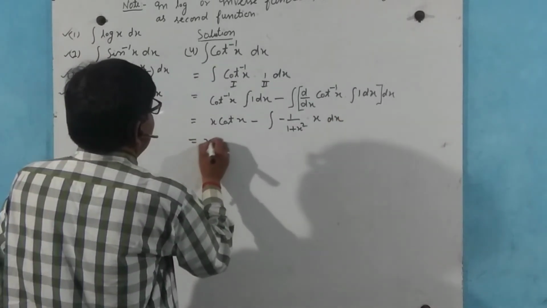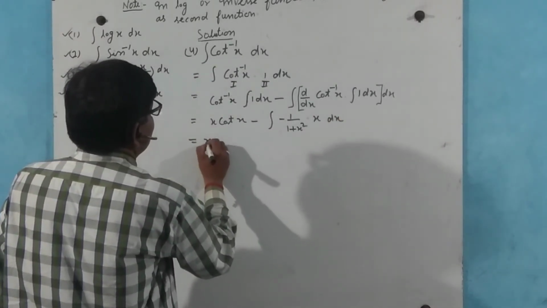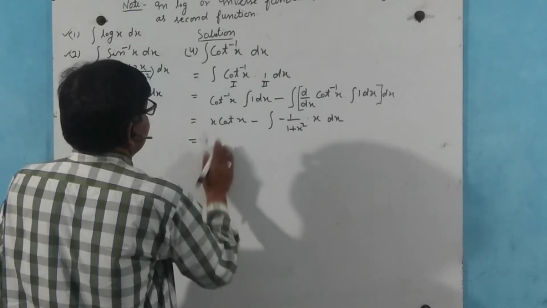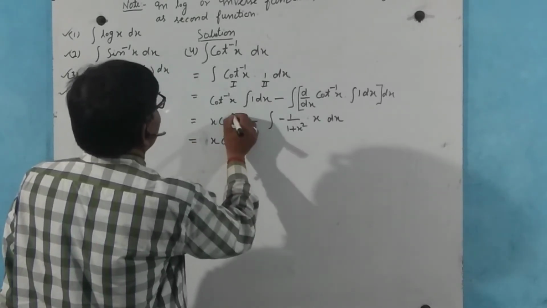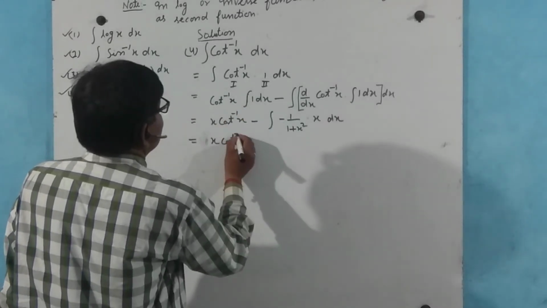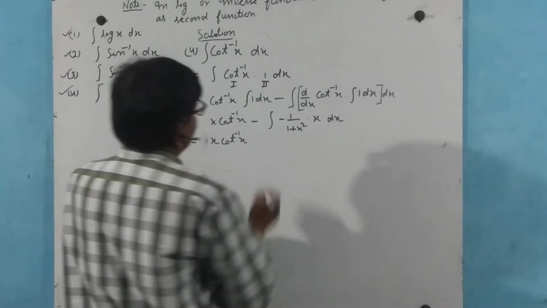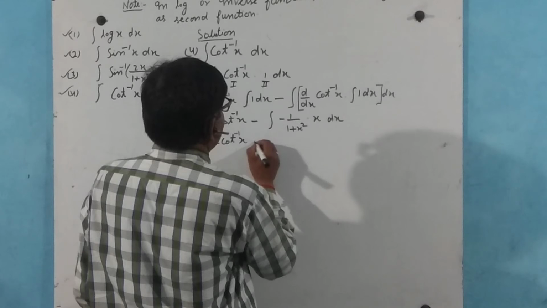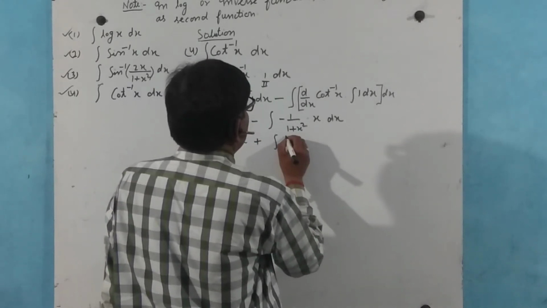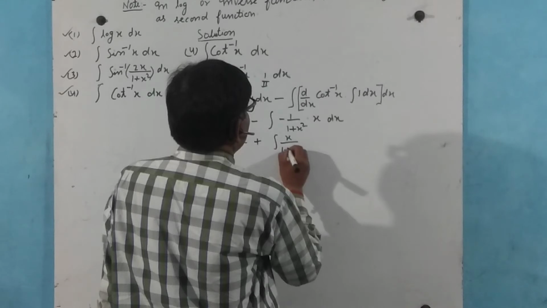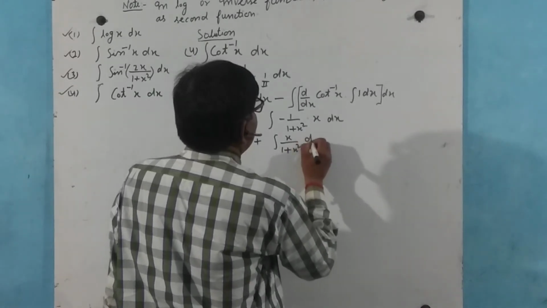Now x cot inverse x, minus minus becomes plus here, and integration of x by 1 plus x² dx.